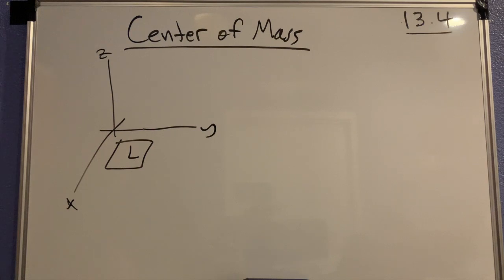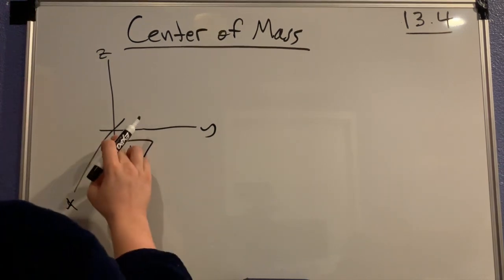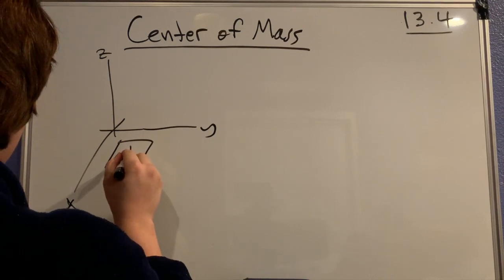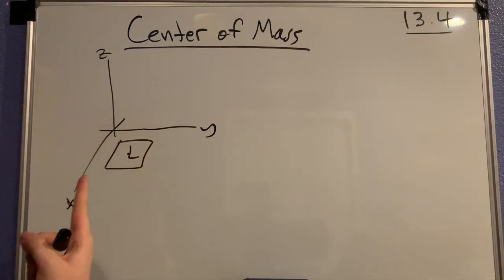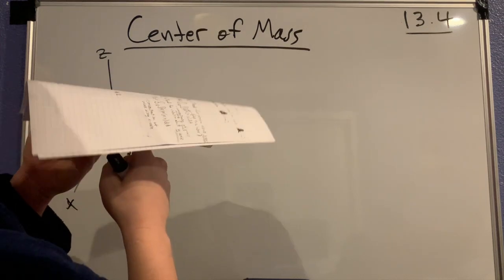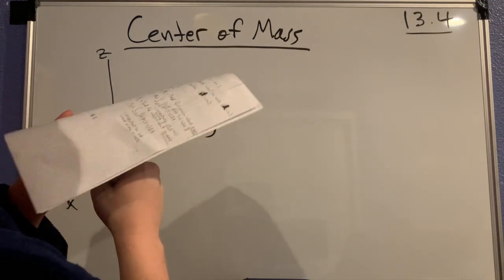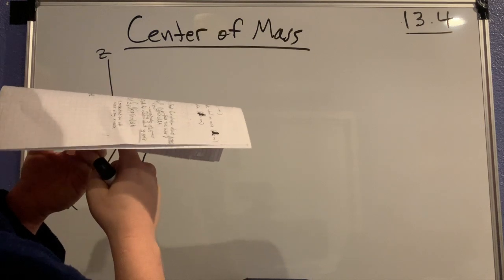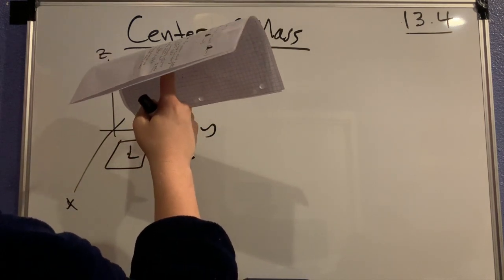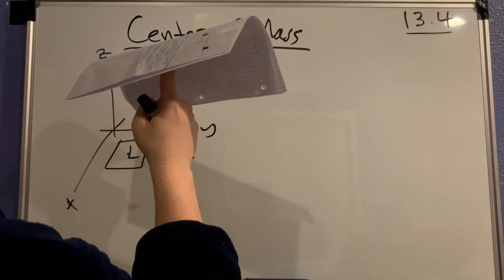So the center of mass, if you think about it, let's say this is a lamina with uniform density. It would be the point in the very center, because if you were to have that point right over your finger, you would be able to balance the paper. So my finger is pretty much under the center of mass of these papers.